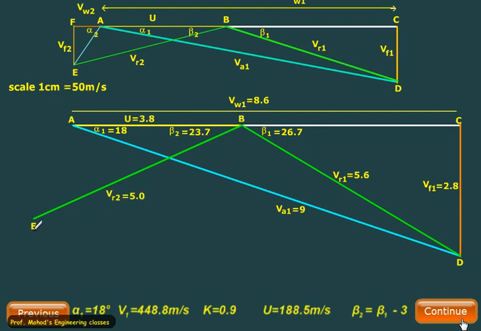Once we get the point E, we finish the right angle triangle, draw one perpendicular and one horizontal to get the point F, and record the values of Vw2, Vf2, and V2. Vw2 comes out to be 0.8 centimeter using a scale of 50 meter per second, V2 is 2.2, and Vf2 is 2 centimeter.